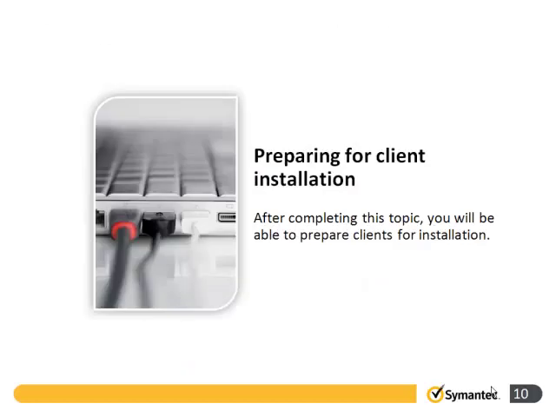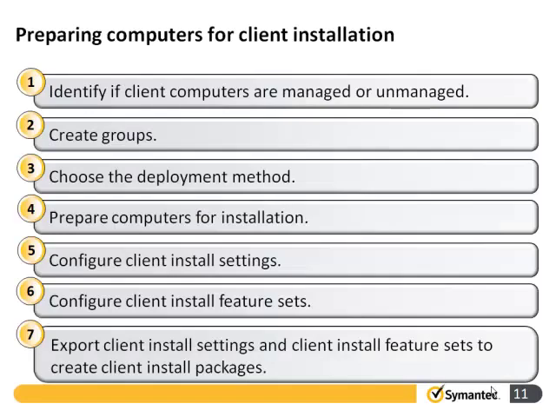Let's have a look at how we prepare for the client installation. So preparing computers for the client installation, there are a number of steps we have to cover. We need to identify if the clients are managed or unmanaged. When we mean managed, we mean they're being managed by the SEPM, under control for policies and security features.